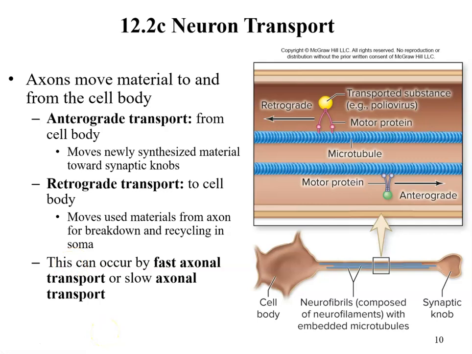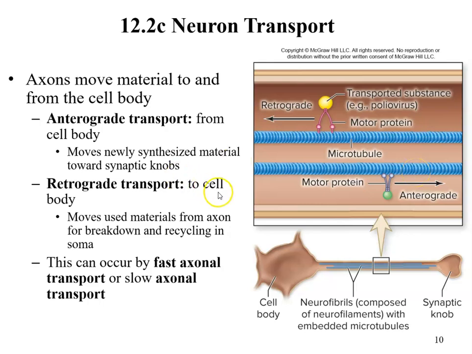So in addition to propagating the action potential, an axon is also going to move materials to and from the cell body. Okay, so we have anterograde transport and retrograde transport. Anterograde transport is movement from the cell body down the axon. So in this direction, anterograde. The substance is moved along by a motor protein, which moves along microtubules.